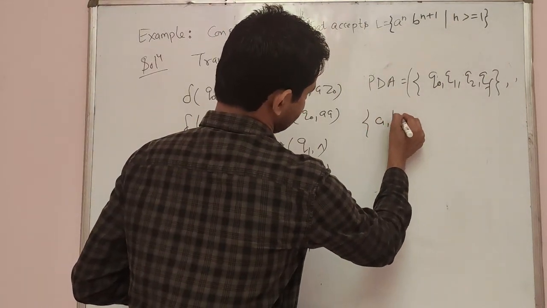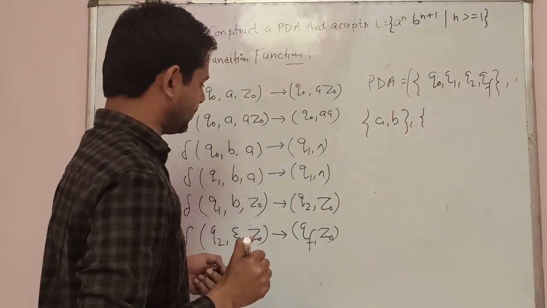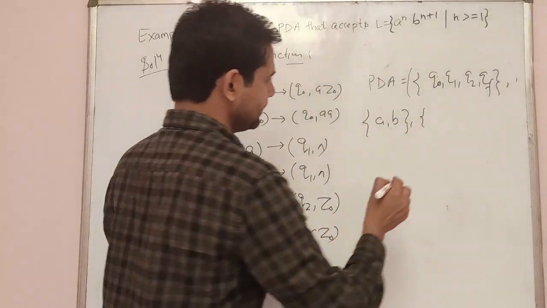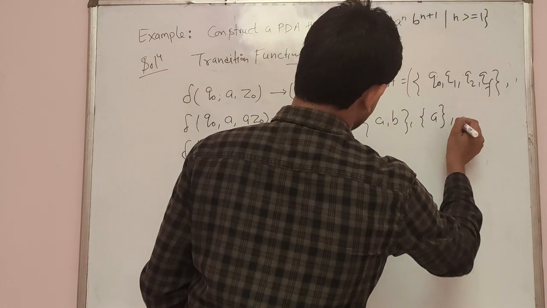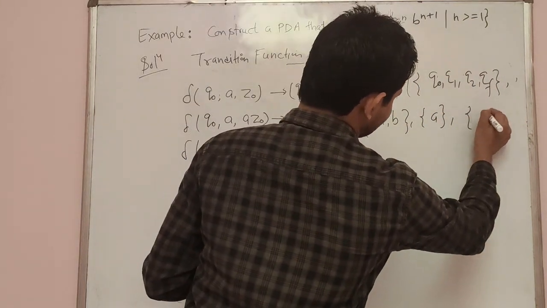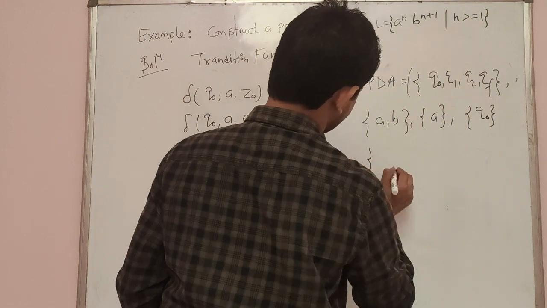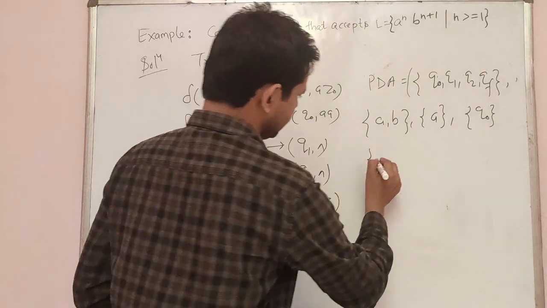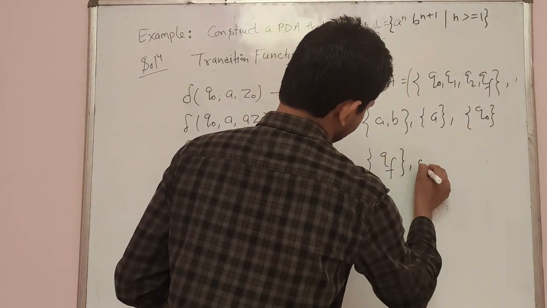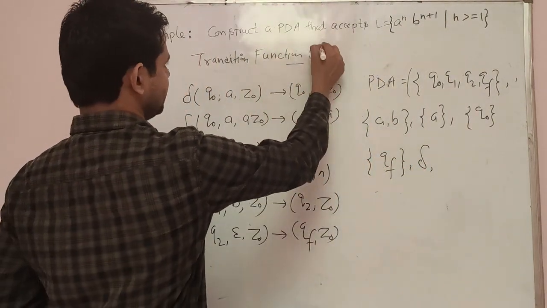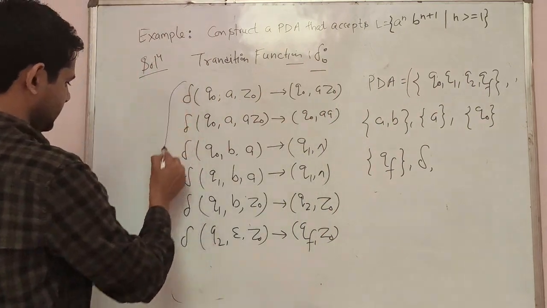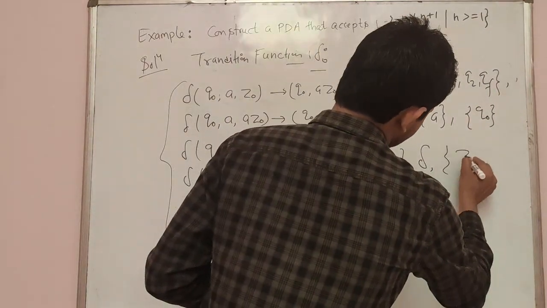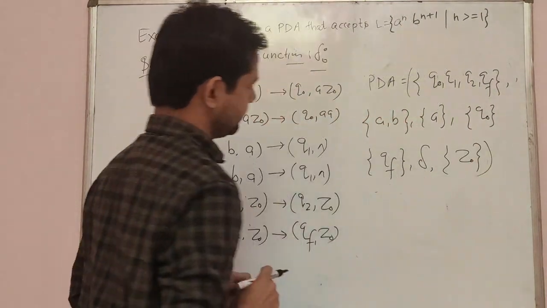We use A and B. Then we will write tau, which is the stack symbols. We only store A in the stack. Then we will write the starting state. It is Q0. Then we will write the final state. The final state is only one, it is Qf. Then we will write the transition function. It is already defined. This is the whole transition function for this PDA. And at last we will write the stack initial symbol, that is Z0.